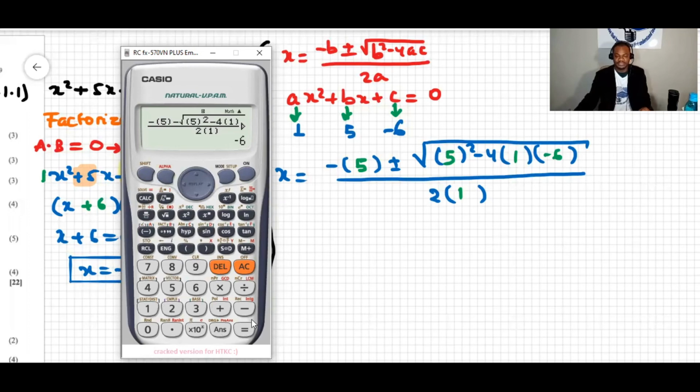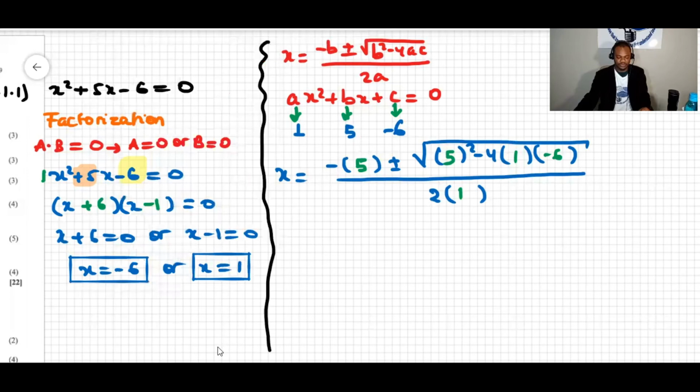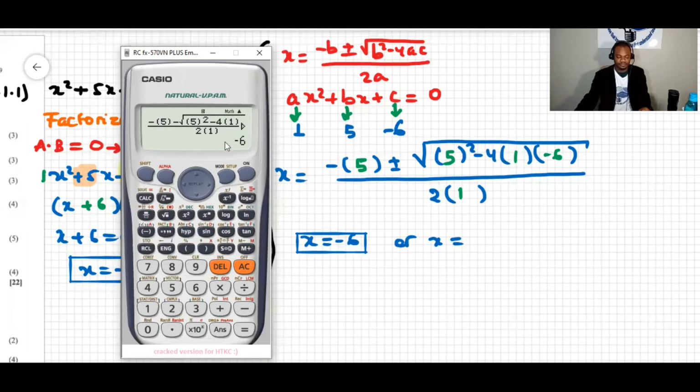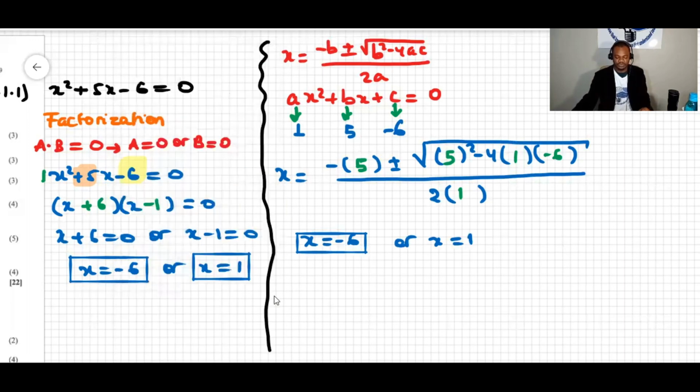Press enter. You see, we have the two solutions. x is equal to negative 6, or x will be equal to, when I work out the other solution, we just change the sign over here to positive, plus, and then this is equal to 1. So x is equal to -6, or x is equal to 1.